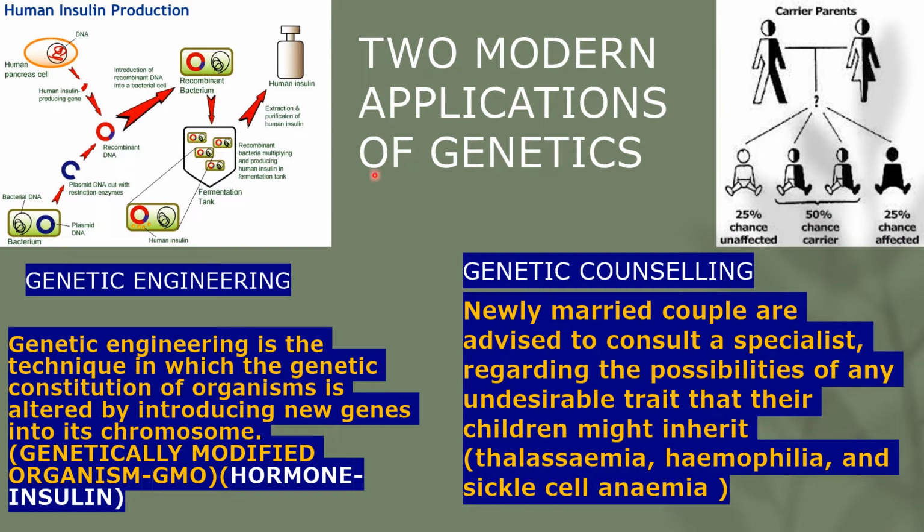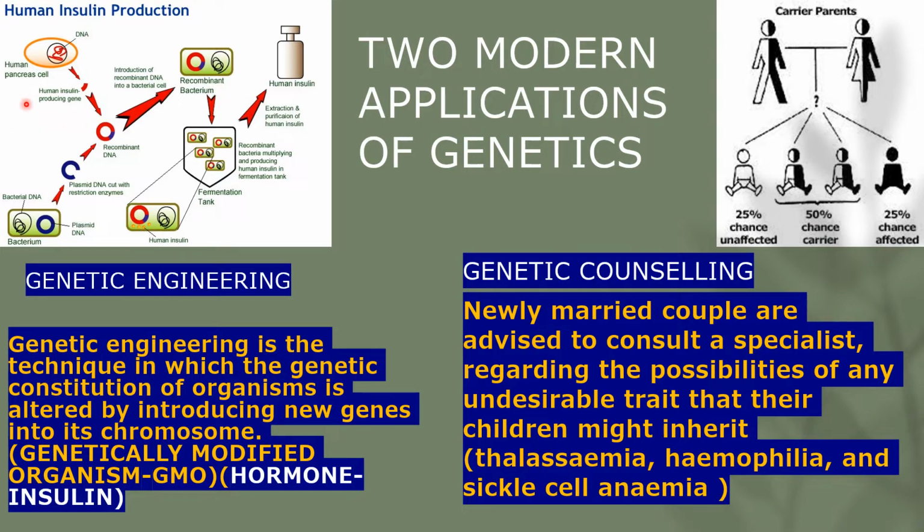Two modern applications of genetics: genetic engineering and genetic counseling. Genetic engineering is the technique in which the genetic constitution of an organism is altered by introducing new genes into its chromosome. That type of organism we call a GMO. GMO means genetically modified organism.